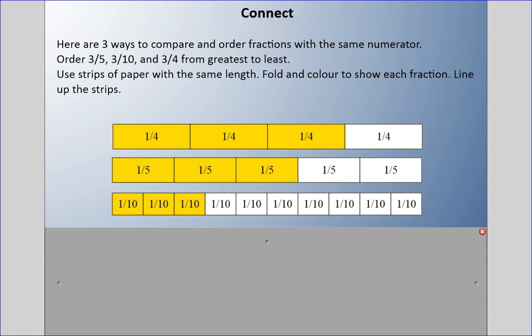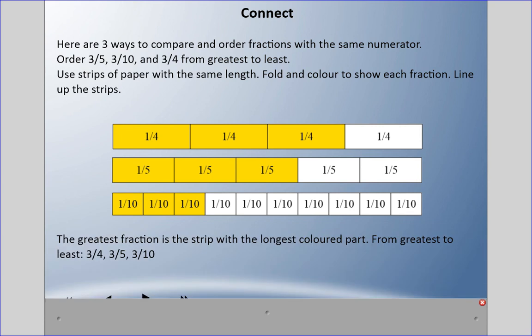So I'm just going to visually show you what that would look like, and I'll show you an easier way at the end to think about this. But you can see here that I have 3/4, 3/5, 3/10. The pieces are larger because there's fewer pieces. So 3/4 is definitely the greatest. So for greatest to least, I have 3/4, 3/5, then 3/10.